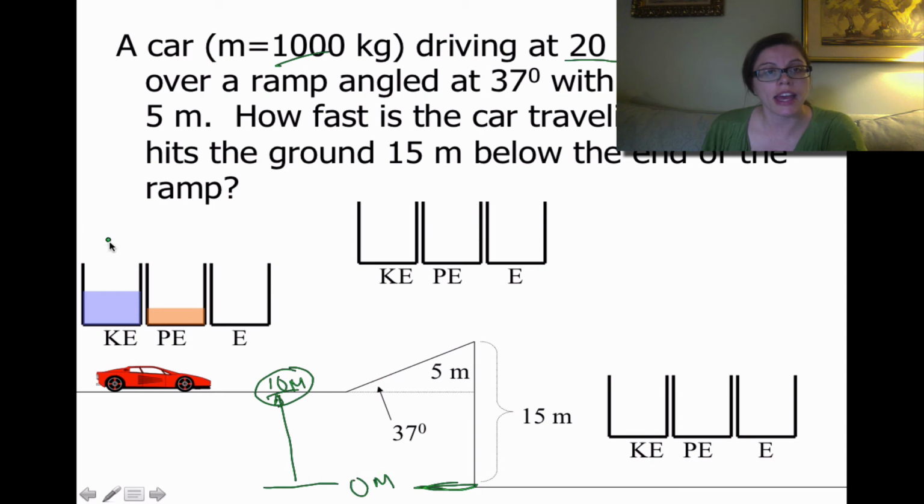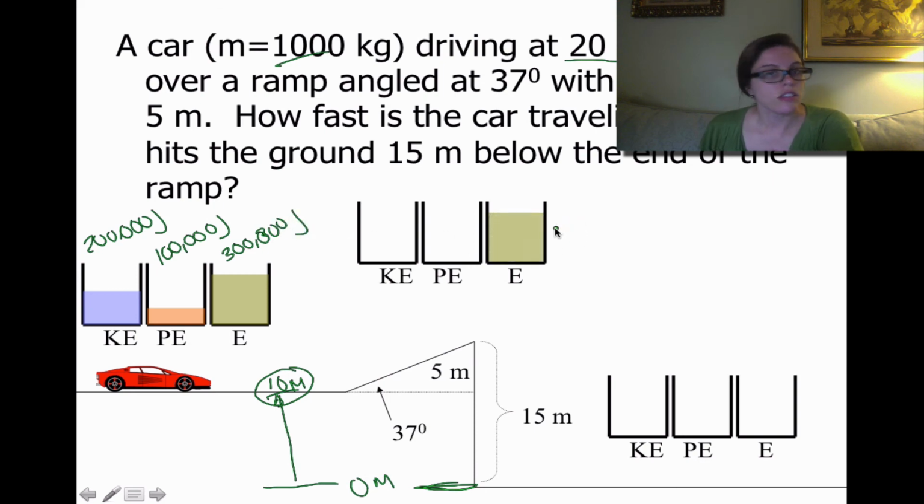We could add these two. This ends up being, I believe, about 200,000 joules, and this one is 100,000 joules. So the total energy is approximately 300,000 joules. Since the energy does not change, the energy is the same at all three spots.